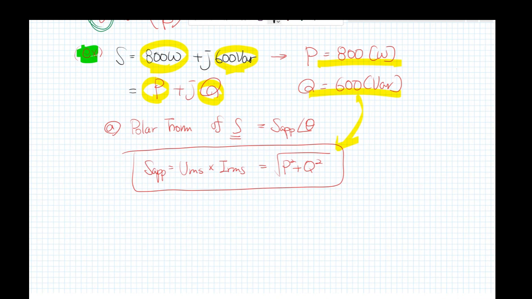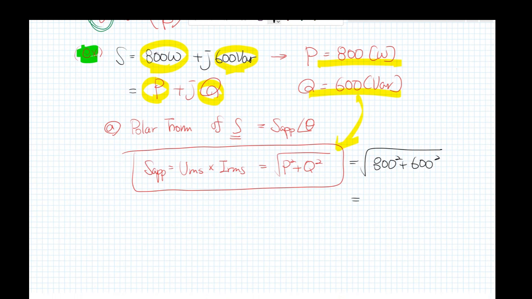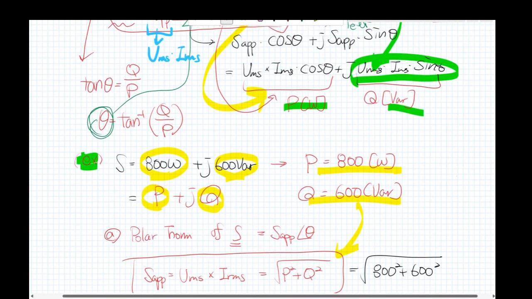So 800 square plus 600 square, that was 1000. And the tangent inverse of Q over P, we have learned before.